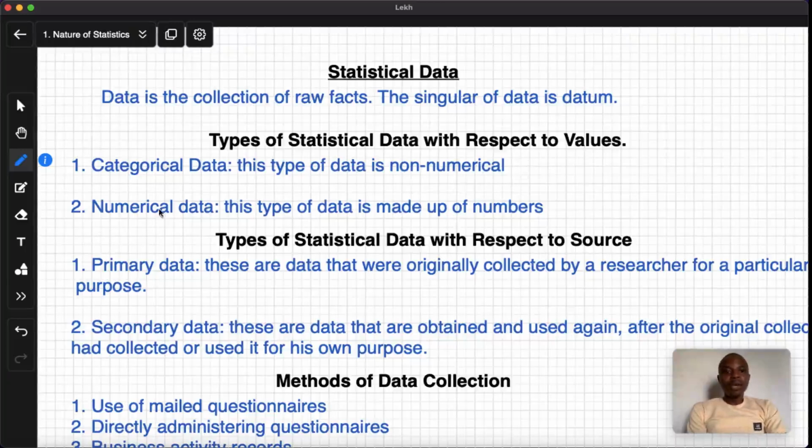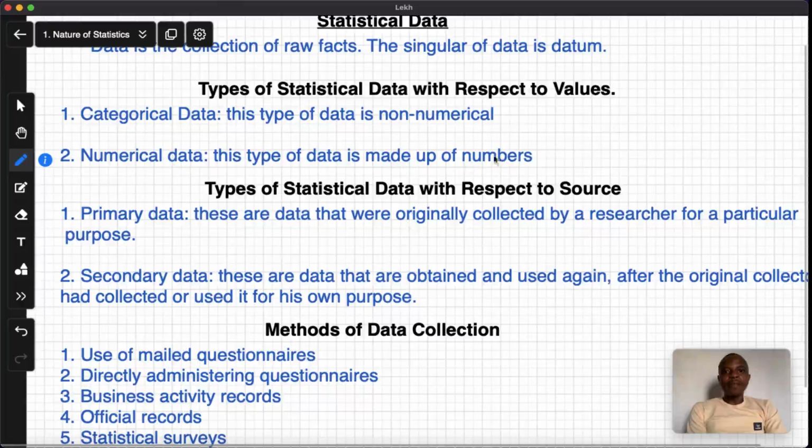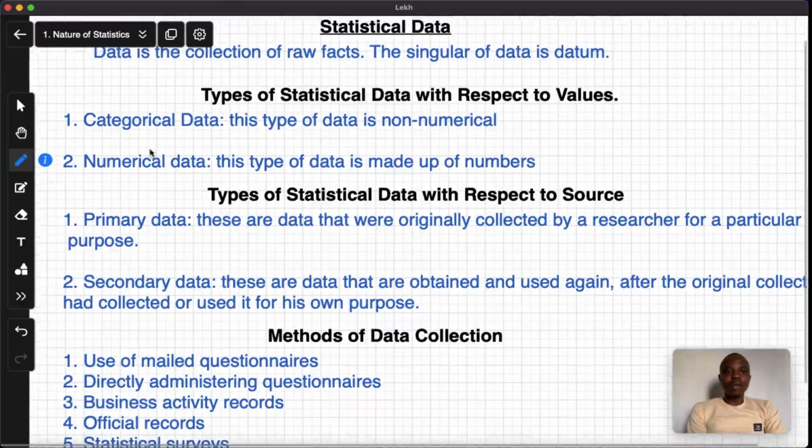And we have numerical data. It means this data has variables that can assume numbers, so you don't have categories here. And sometimes your data may be made up of both categorical variables and numerical variables, which means you have a mixture of the two.